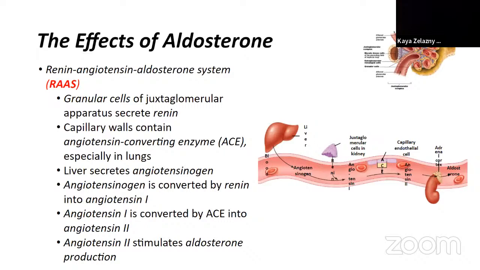So finally, I'm sure this will also come up in your future classes, so we do want to mention it. There is something called the renin-angiotensin-aldosterone system, or RAAS, which works a lot like our clotting factors did, kind of. This system is basically a domino effect of these different hormones.